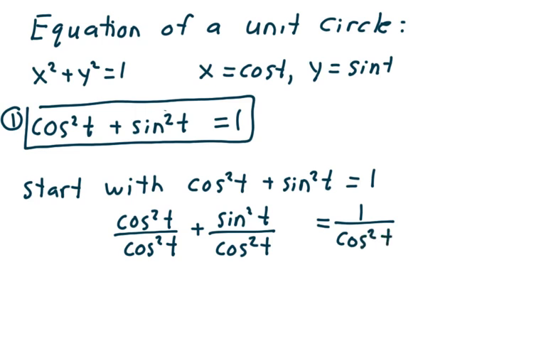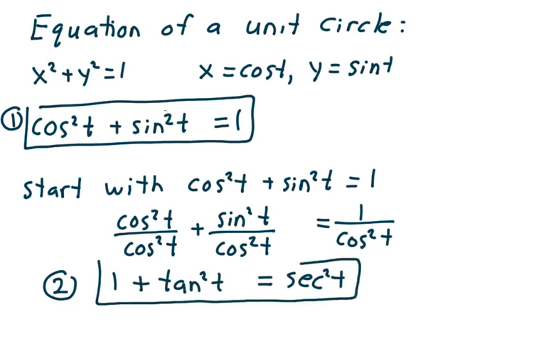And when I'm finished, I get my second Pythagorean identity. So I get 1 plus sine squared t over cosine squared t. That's going to be tangent squared t. That's on the left side. And on the right side, 1 over cosine squared t turns into secant squared t. And this is the second Pythagorean identity we need to be familiar with.